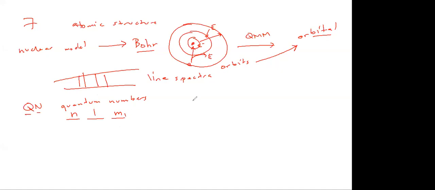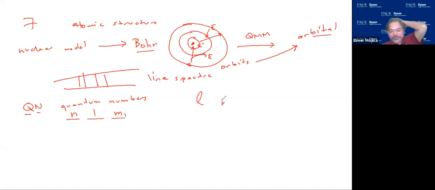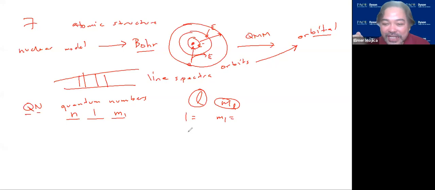Although in our lecture we have it like this, in the exam we have a hard time finding this symbol, so we just put l and m sub l. So don't be confused on that.